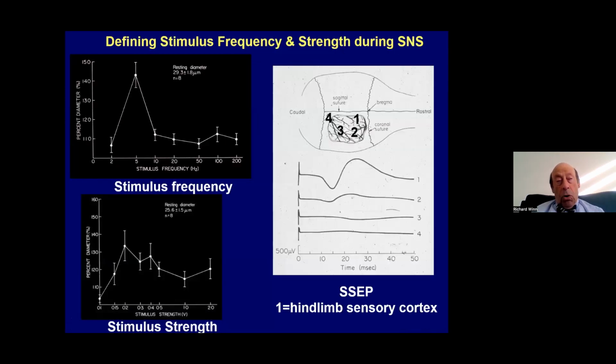But before we got started looking at adenosine, we had to define the correct stimulus frequency, including stimulus and strength. And then we could see here's the SEP, and here is sensory hind limb cortex. And as we move distant away, you cannot record the SSEP as well.